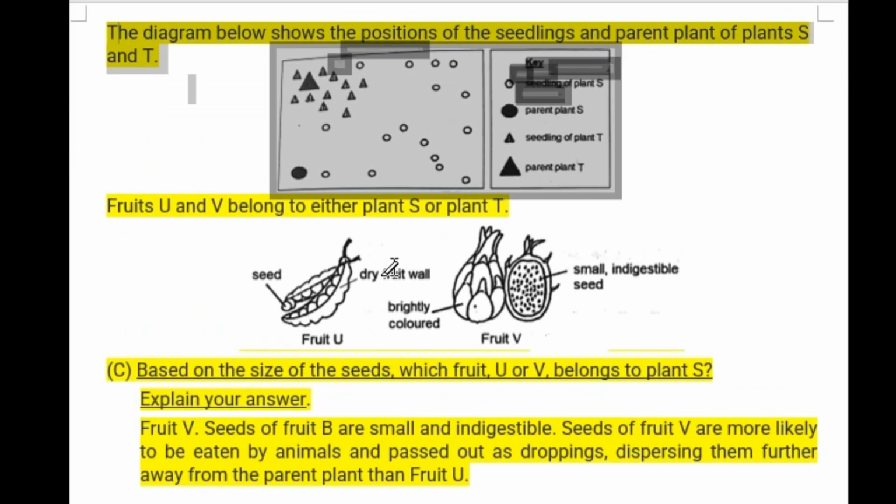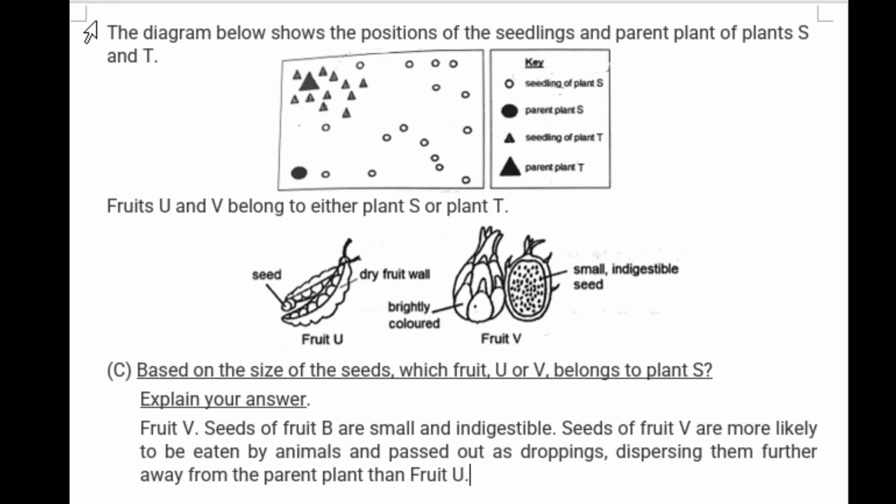The diagram below shows the positions of the seedlings and parent plant of plants S and T. Fruits U and V belong to either plant S or plant T. C. Based on the size of the seeds, which fruit, U or V, belongs to plant S?